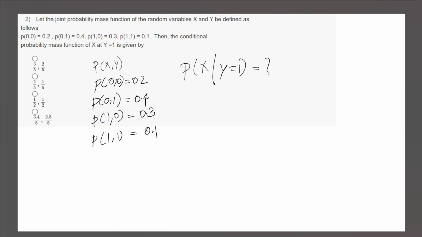To find this out, we need to find the probability of x when y is equal to 1.